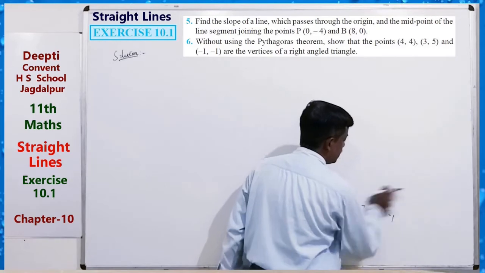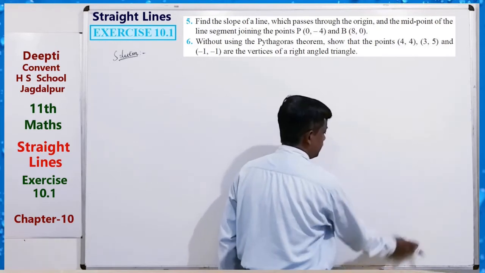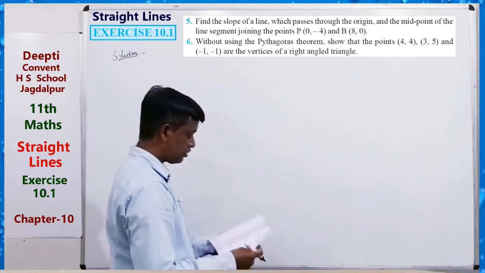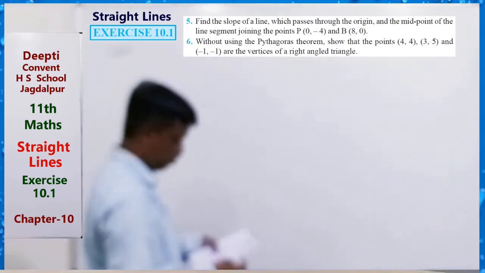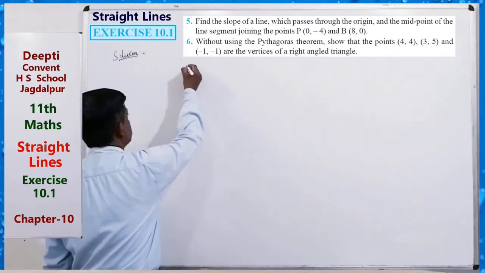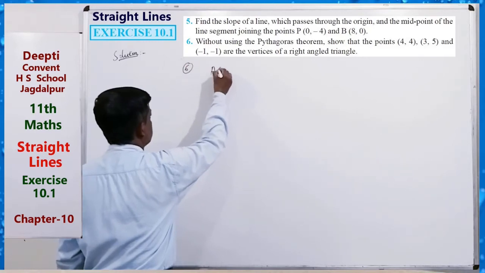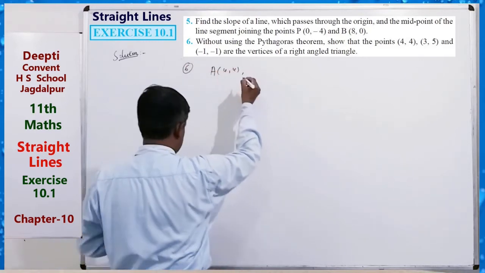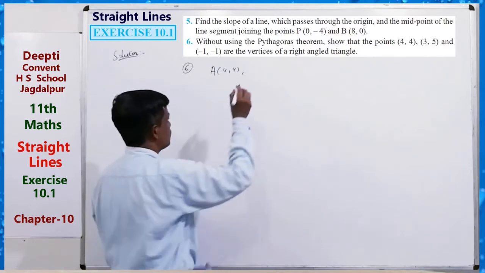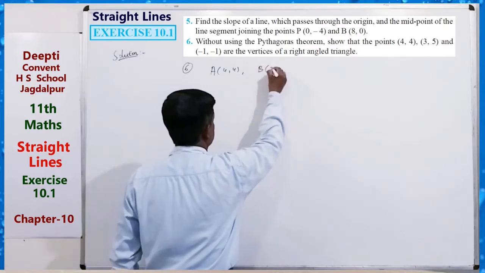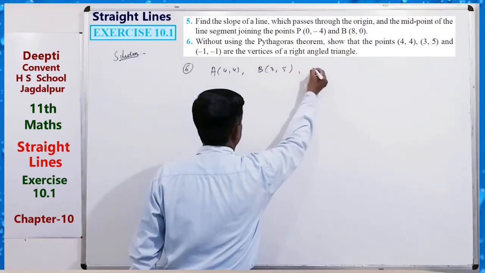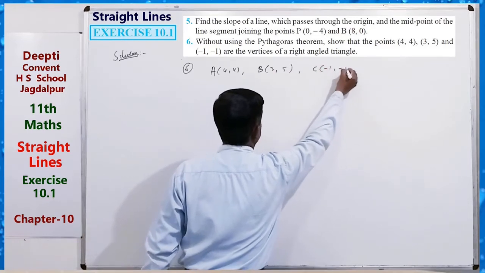Here three points are given. In question 6, the points are (4, 4), (3, 5), and (minus 1, minus 1).